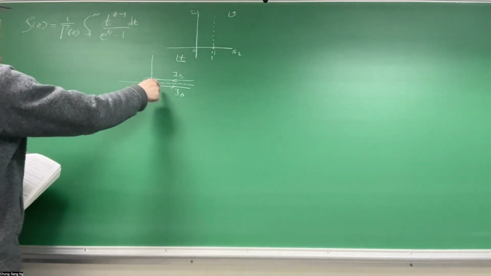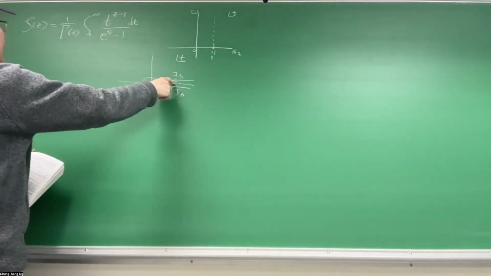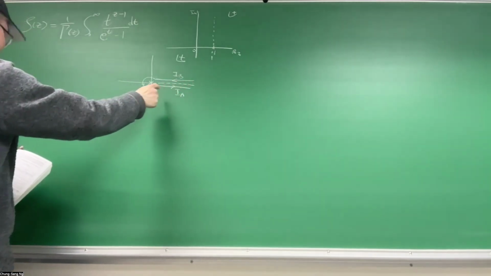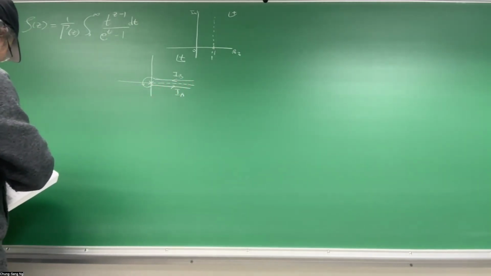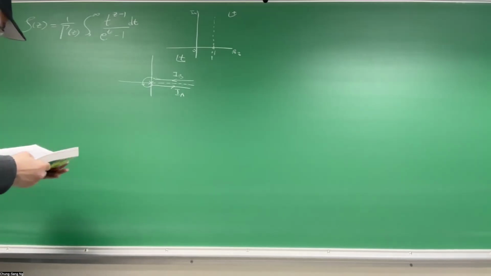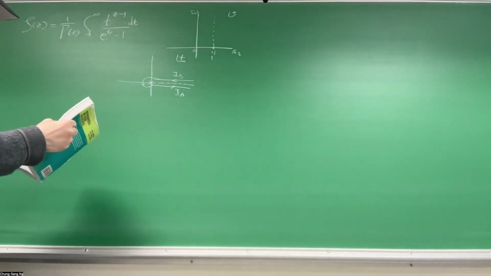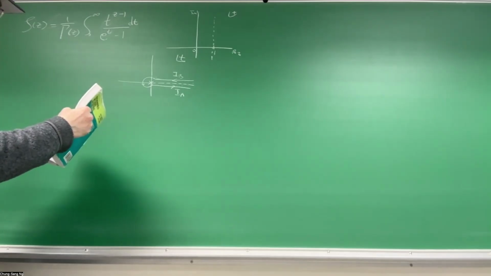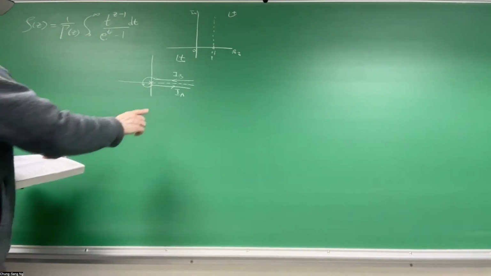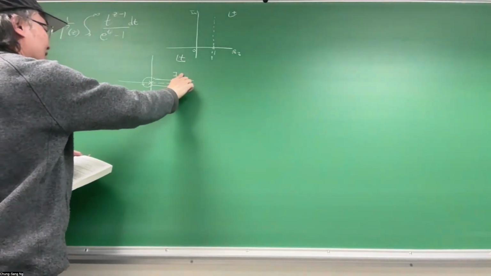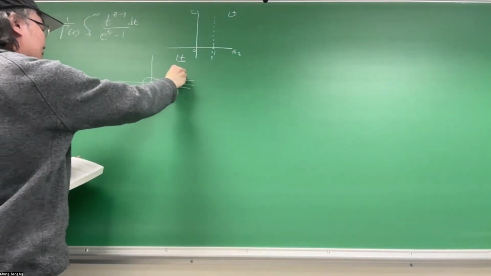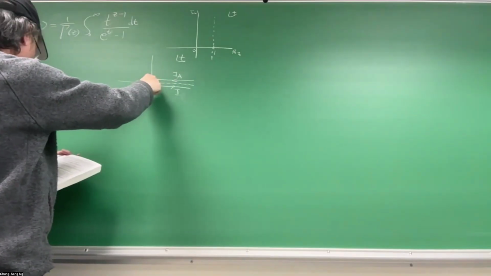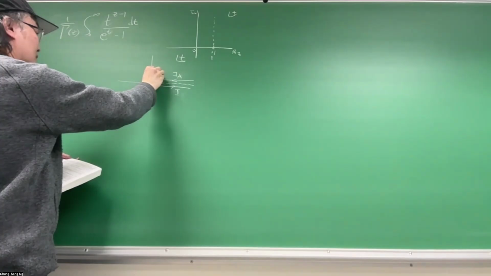Right. So now the I sub B is from infinity... No, I mixed that up. In the textbook, I sub A is here: infinity to epsilon.